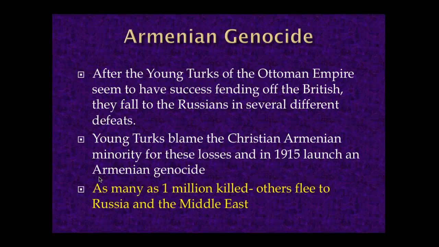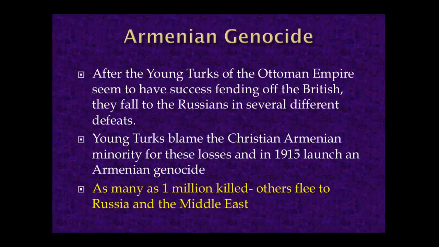So they're in like Central Asia. And because they're Christian, they're culturally more aligned with Russia than they are with the majority Muslim Ottoman Empire. So the Young Turks say, well, you must be selling secrets to the Russians, otherwise we would never lose to such an inferior power. And they blame their loss on the Armenian Christians and launch a genocide on them.